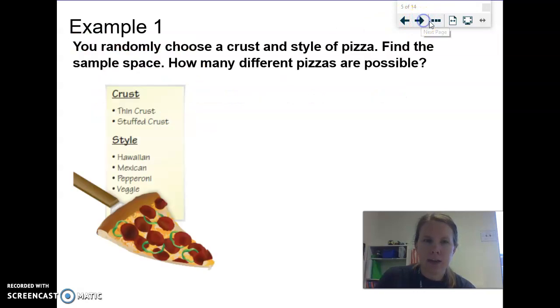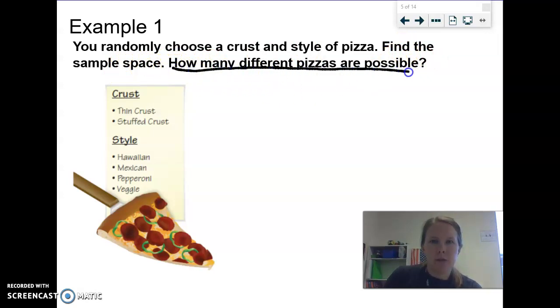So let's go ahead. This one says you randomly choose a crust and a style of pizza. Find the sample space. How many different types of pizza are possible? So there's two different parts to this. We need to find the sample space. The sample space means all possible outcomes.